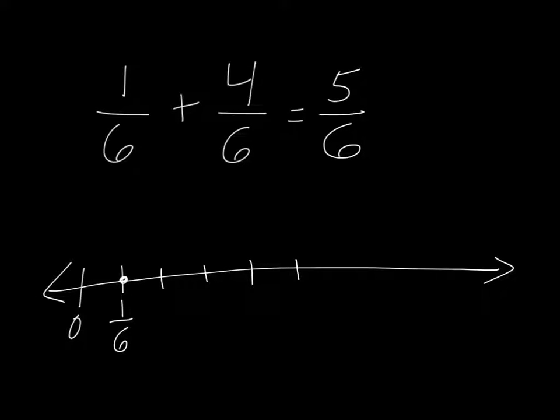So I just added 4 6, and then I want to see where I am on the number line. So if I started at 1, I'm going to count up by 6. 2 6, 3 6, 4 6, 5 6 is where I landed on the number line. So you can see when I'm adding 4 6, that is 4 hops on the number line, counting by 6 to land at 5 6.